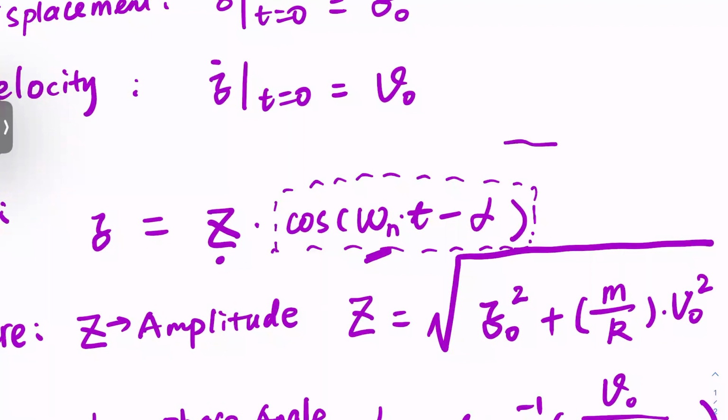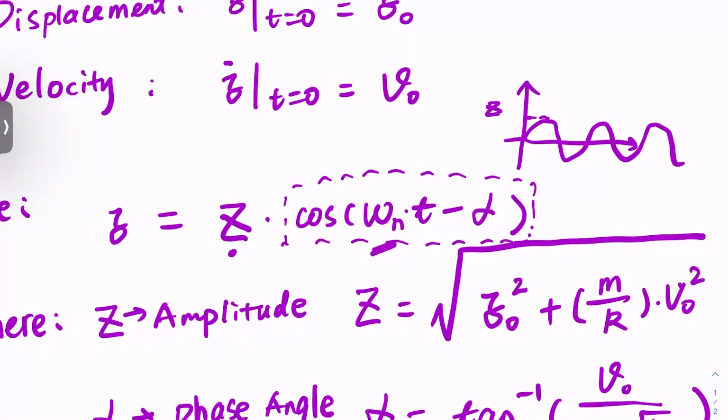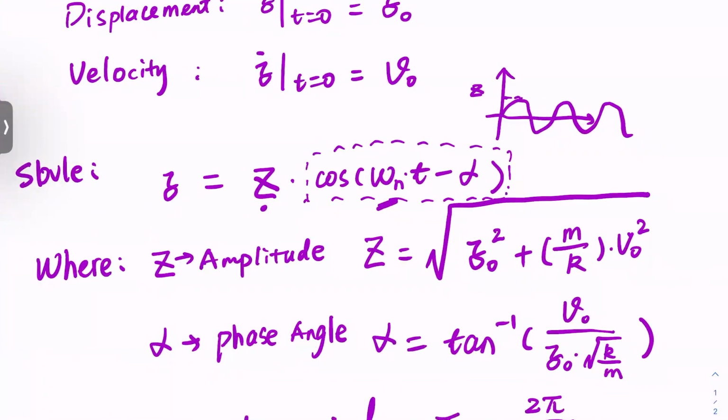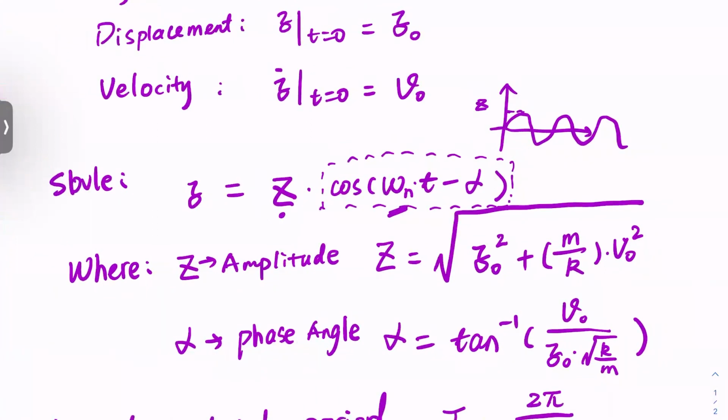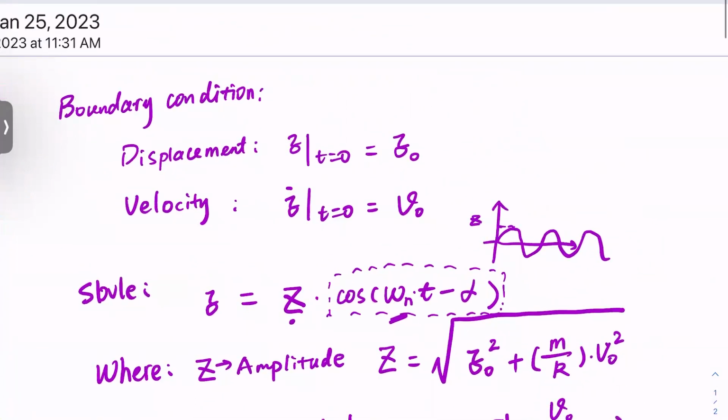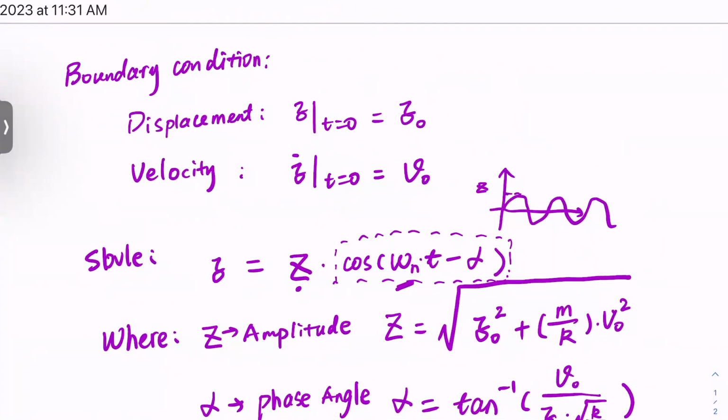So now I can very confidently apply something like this. And this would be your capital Z, which is the equation of the Z naught and the V naught. I could solve the whole thing, but again, it's going to take forever. But this is something you should be able to do during class.